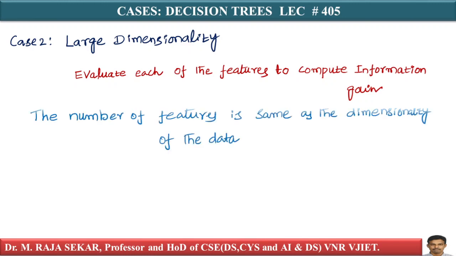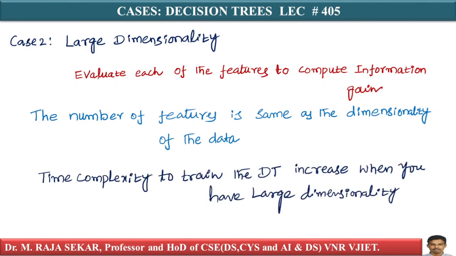The number of features is the same as the dimensionality of the data, which means your time complexity to train the decision tree increases dramatically, especially when you have large dimensionality, or a large number of features.